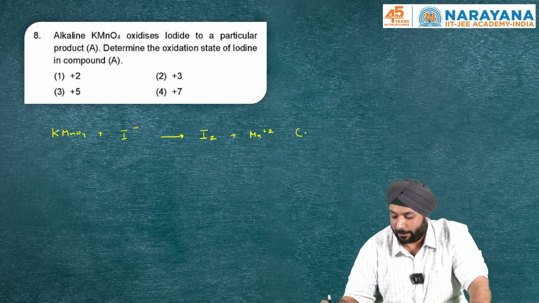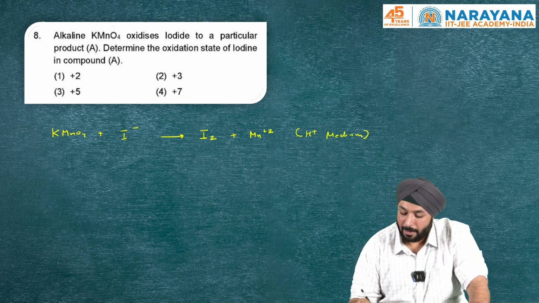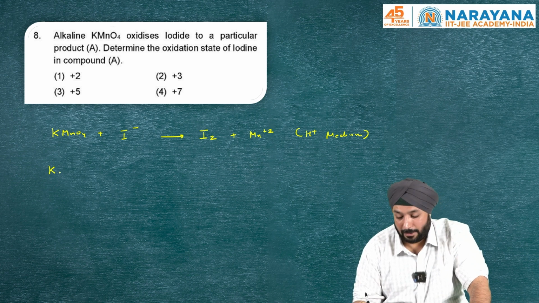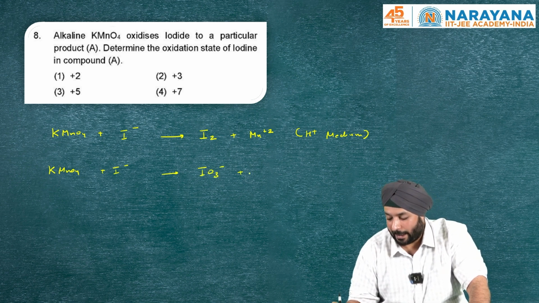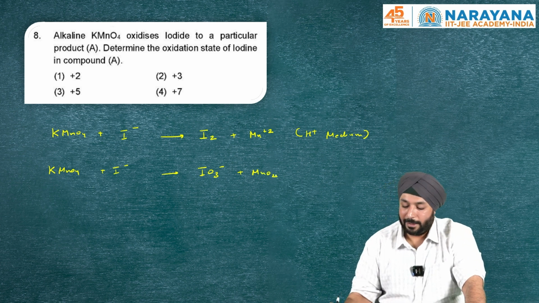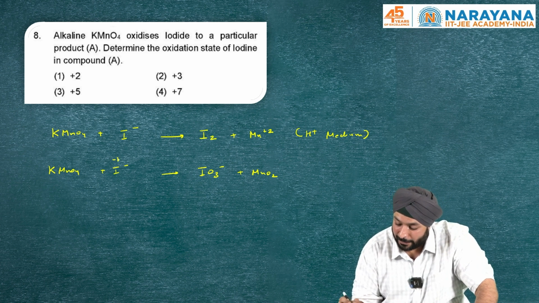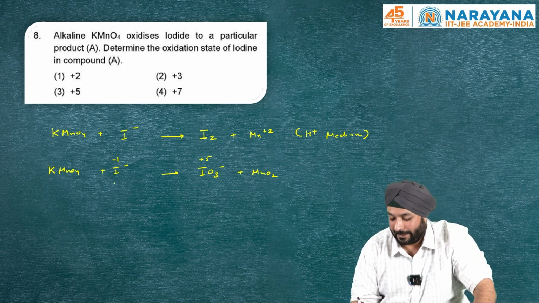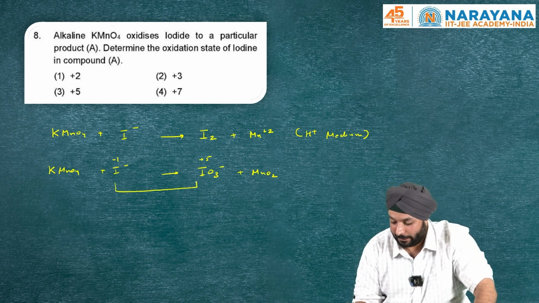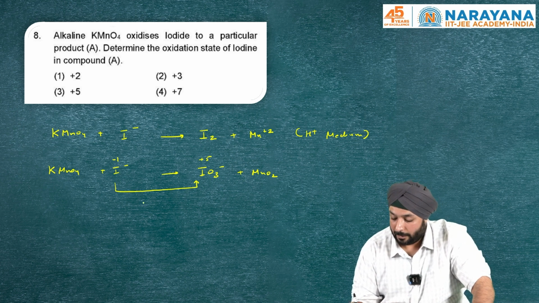This happens in acidic medium. In alkaline medium, on the contrary, I minus will be converted into IO3 minus, and I'll be getting MnO2. Right. So the oxidation number here is -1 and the oxidation number here is +5. So there's a net change of 6 electrons.